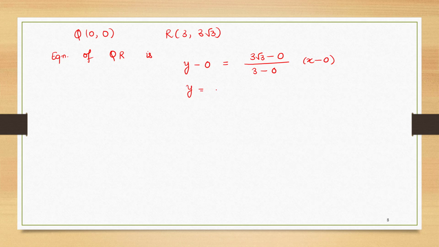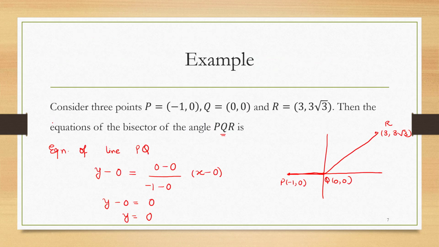That is y is equal to square root 3 into x. Details about these equations in 2-point form can be found in the video lecture of equations of straight lines 2-point form. So y is equal to square root 3x and the equation of the other line was y equal to 0.